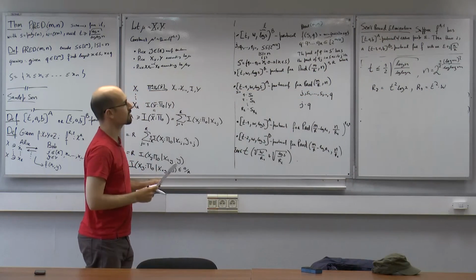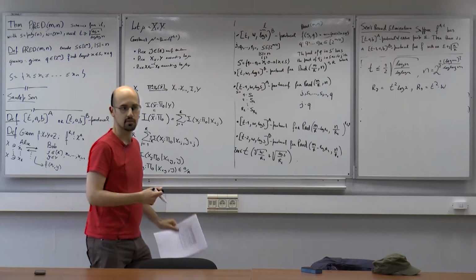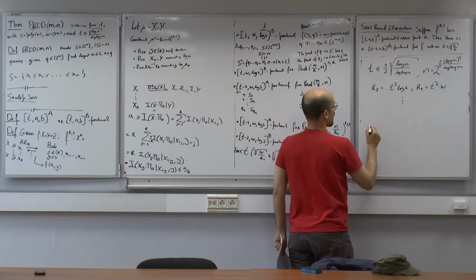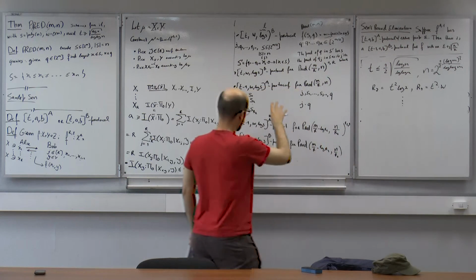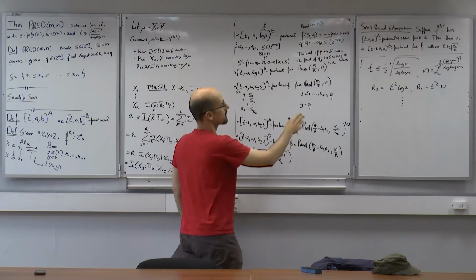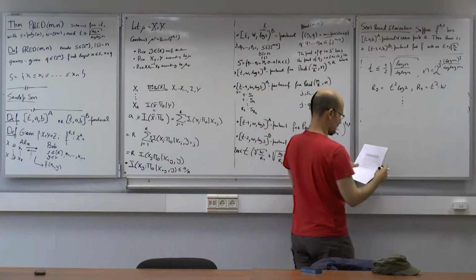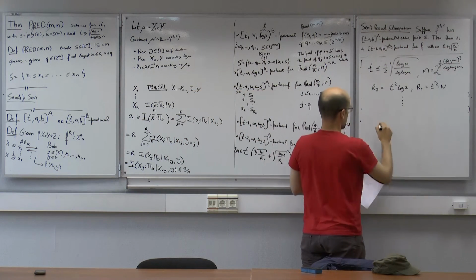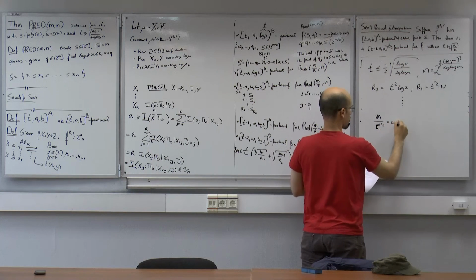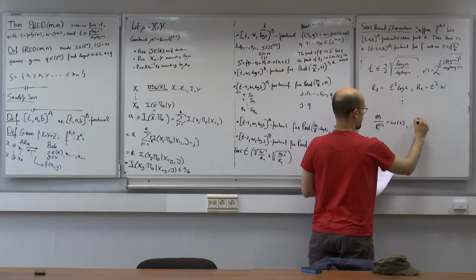Right, and for these choices, if you work out a lot of calculations, you conclude that once you reach the end, you still have that m by r1 to the t by 2 should be super constant, and the same thing should happen for n by r2 to the t by 2.